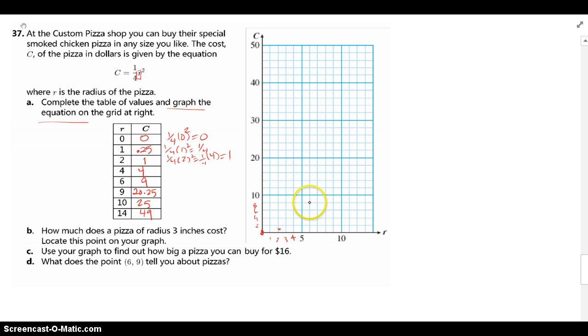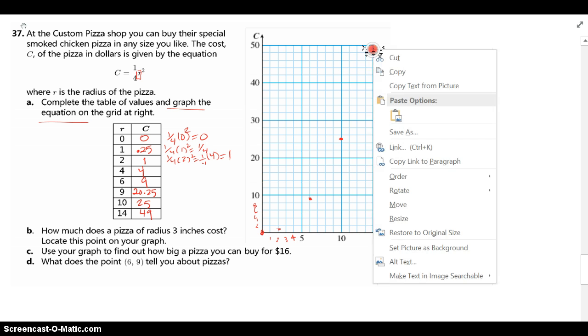I'm just going to pick some of the values. $9 is right there. 10 inches, the cost is $25, so 22, 24, 26, somewhere in the middle is 25. And then 14-inch, that's 11, 12, 13, 14 is 49, so up above here.